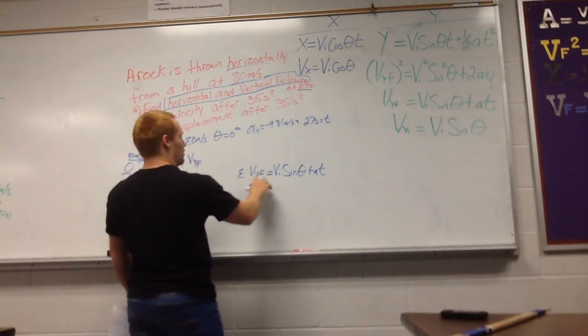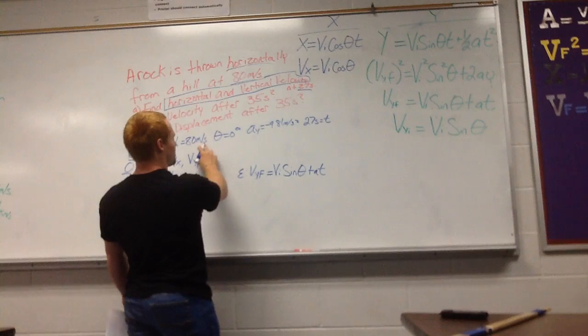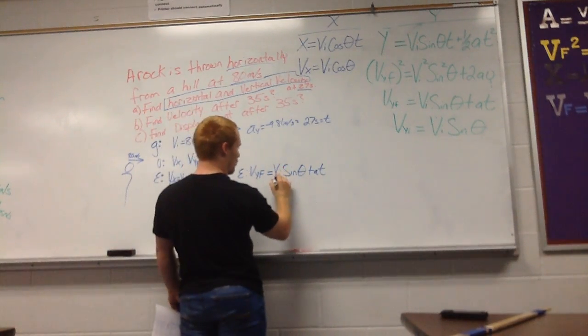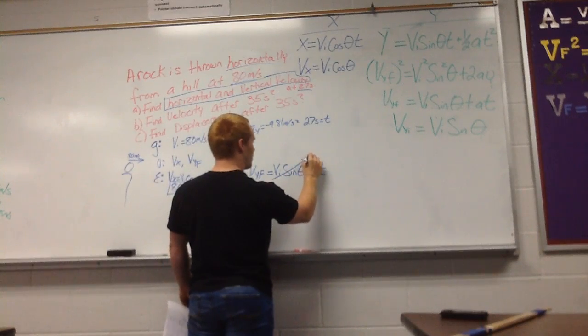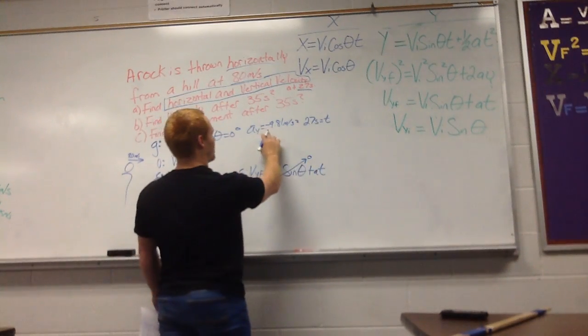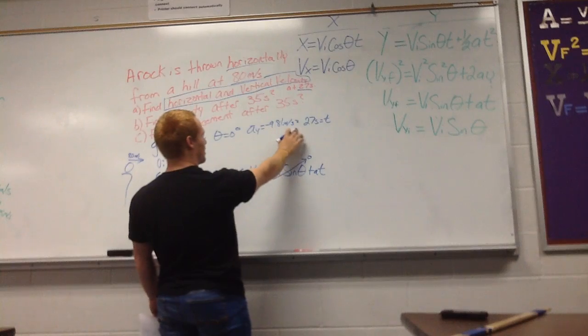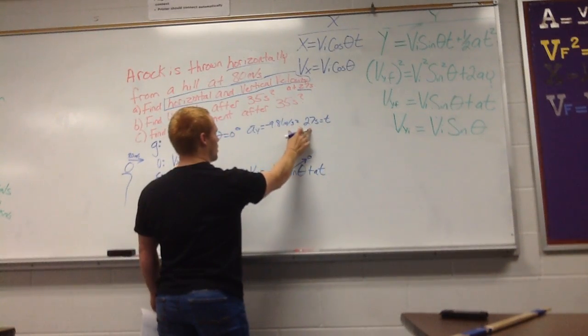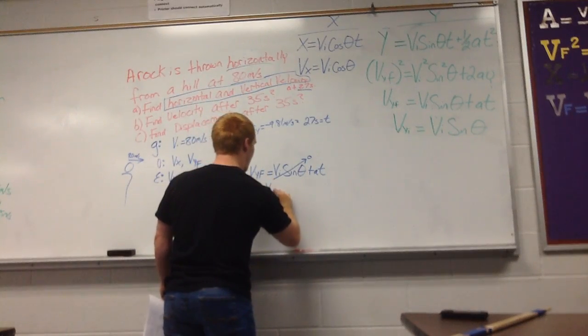So I'm going to do 80 meters per second times sine of 0 degrees, which remember is 0, so this is going to cancel out. Then we're going to plug in our gravity, negative 9.81 meters per second squared, times our time. So we're going to multiply these two numbers to get our Vyf.